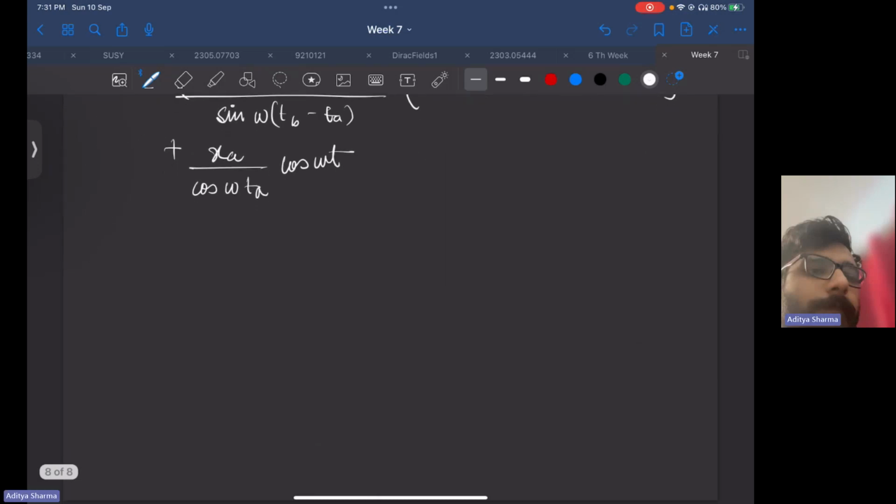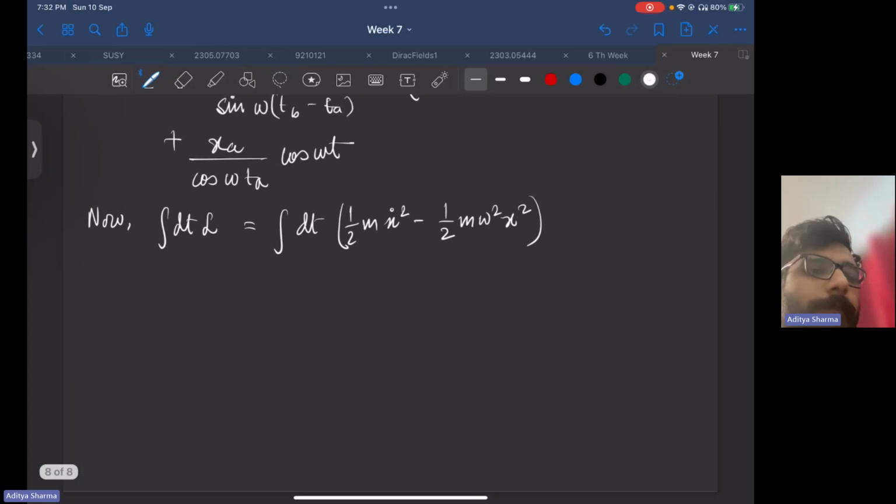Okay, now let's look at the trick, which is S, which is half m x dot square minus half m omega square x square, and I'm going to use x double dot equal to minus omega square x.